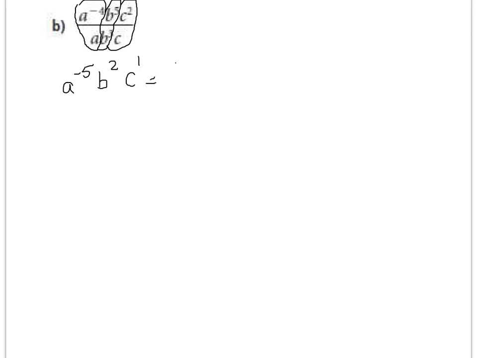So this is going to be 1 exponent negative 5, b is negative 2 so negative 2 exponent 2, and c is 3 exponent 1. 1 exponent any number is going to give me 1. Negative 2 exponent 2 is negative 2 times negative 2, which gives me 4, and 3 exponent 1 is going to give me 3, so 1 times 4 times 3 is going to give me 12.